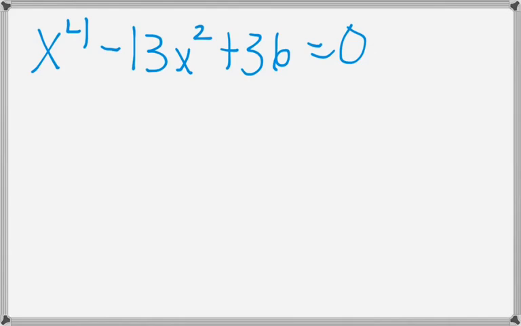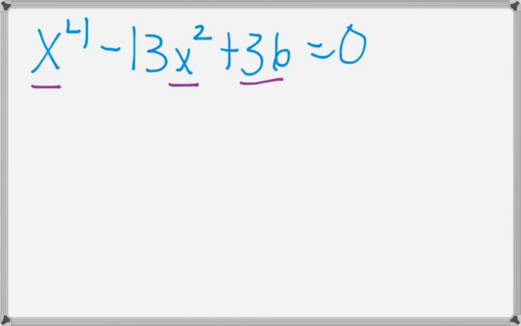So this obviously is not a quadratic, it's a fourth degree polynomial on the left side, but what we notice is it kind of takes the form of a quadratic in that there's a constant term, the 36, there's a middle term, and then if we square the variable part of the middle term, we get the first term.